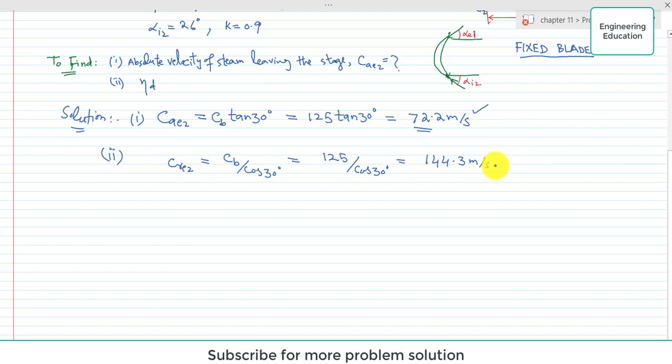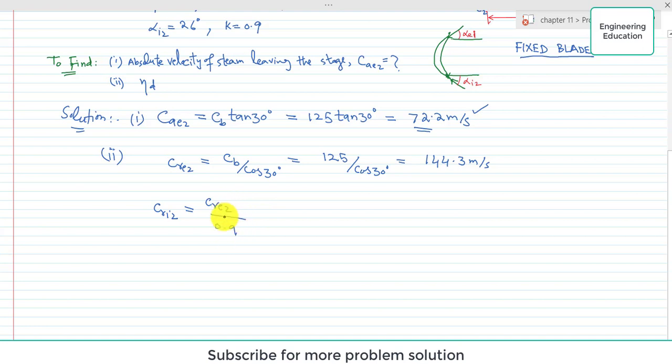Now finding CRI2 from the triangle, we know that they are related. CRE2 and CRI2 are related like this, where the basic expression involves K, the value of which is 0.9.